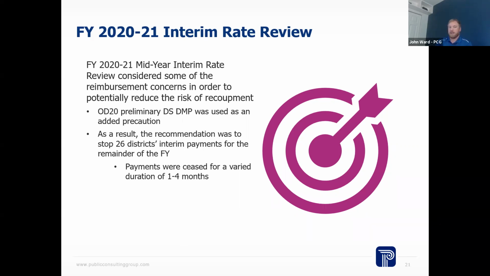It could have been 1 month, it could have been 3 months, but the department did have that conversation with those districts. So two precautions were taken here: foregoing interim payments for at least 1 to 4 months, as well as using that OD20 percentage to highlight those 26 districts.